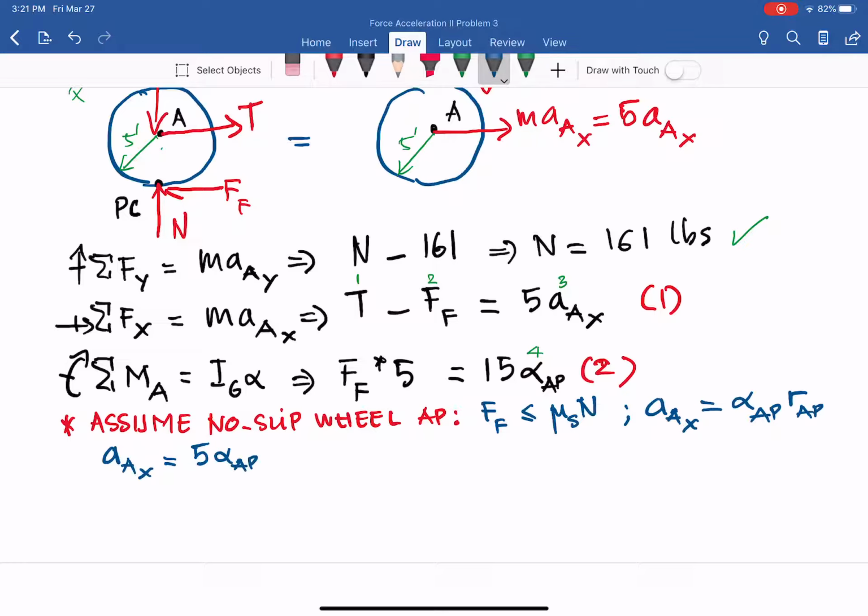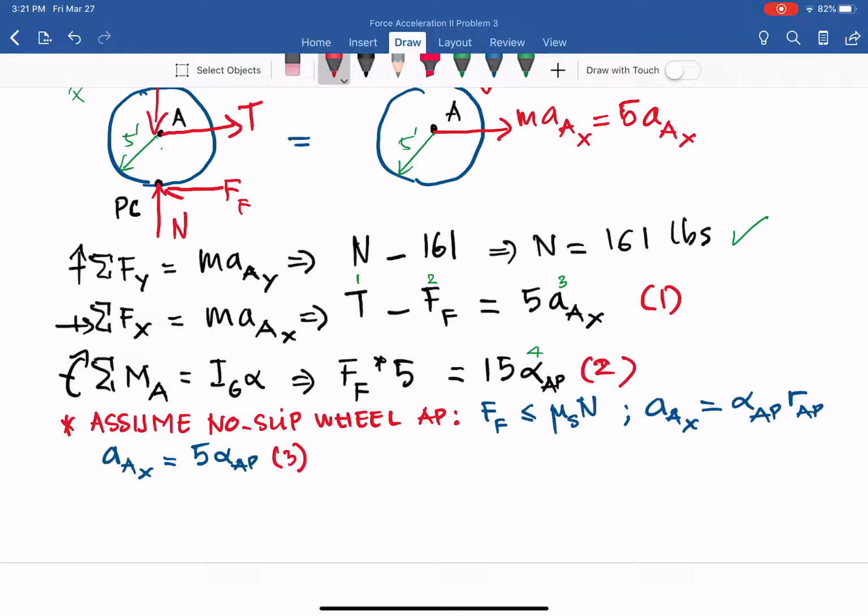So we have another equation here, so we can plug in. You can plug into number 1 and number 2. Now we can simplify, so plug in equation 3 into 1 and 2.